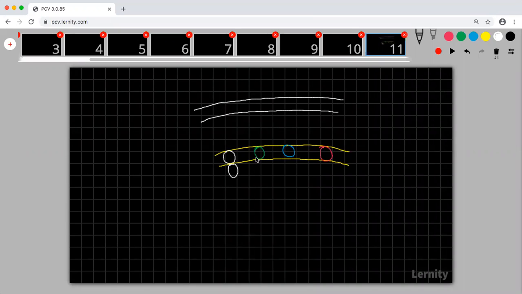The outer membrane will allow free movement of substances without any difficulty, which means movement of substances between the cytoplasm, and this is the intermembrane space. And this is the matrix.